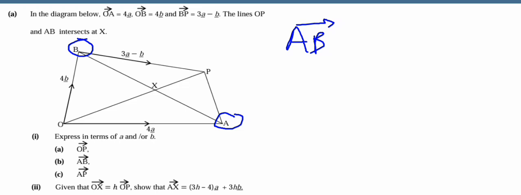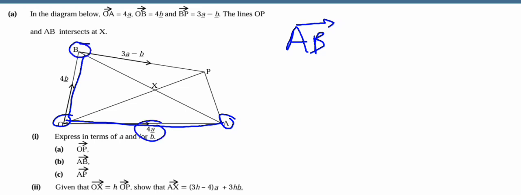So looking here, the route from A to B is the one we choose: from A to O, then from O up to B, because we can see that we have the vectors 4A vector and 4B vector if we use these routes.